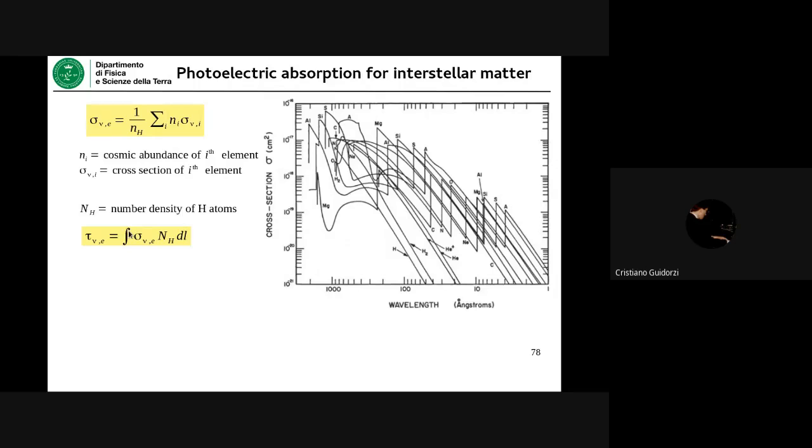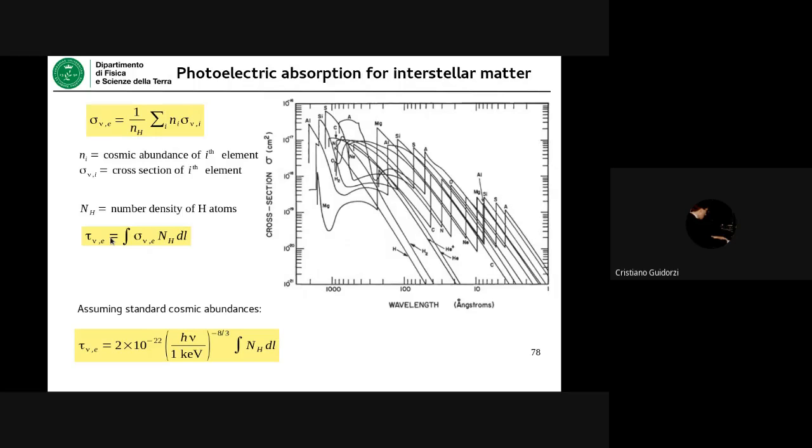But you see that this assumes a given abundance, or I would say abundance pattern, in the sense that for each individual element I assume a relative abundance with respect to hydrogen. So if you change this, the resulting optical depth also changes.